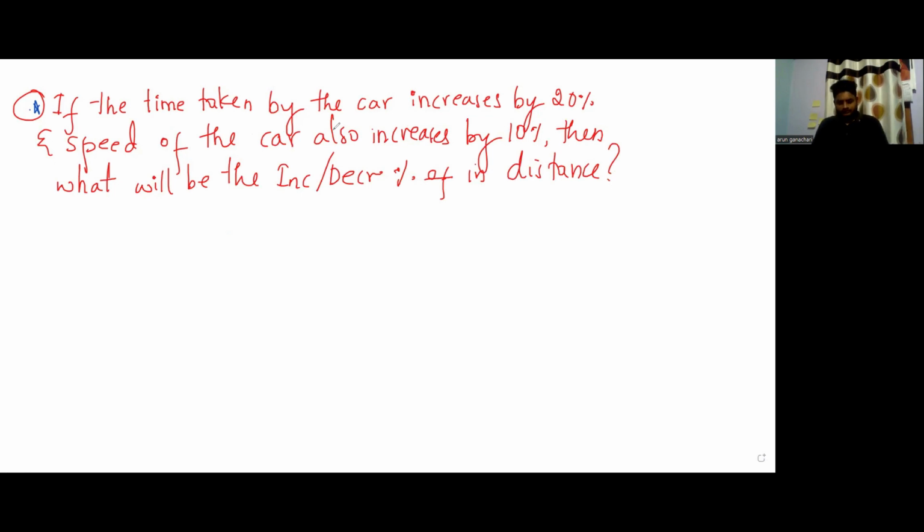Try to solve this. I've given you all the required formulas. I think you can solve this. If you don't get it, I'll solve it. So at least try.